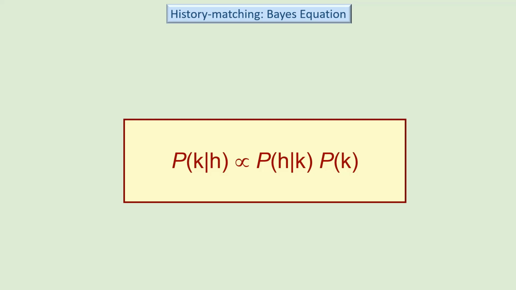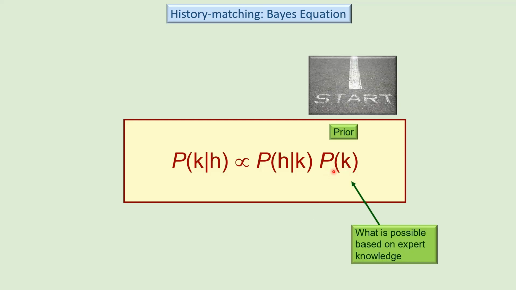Bayes' equation says that we start off, before we do any history matching, with uncertainty. And that uncertainty is expressed by this prior probability distribution, this term on the far right of Bayes' equation. This is the outcome of expert knowledge and site characterization.